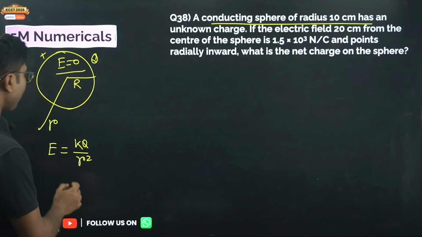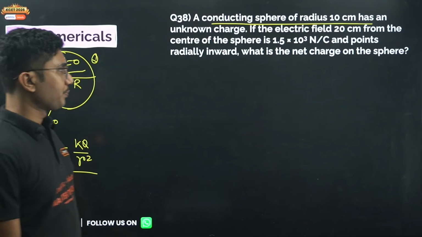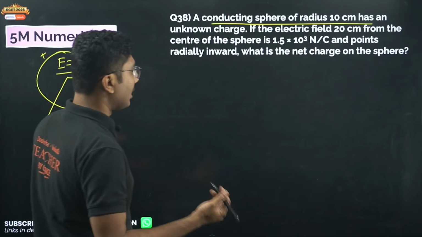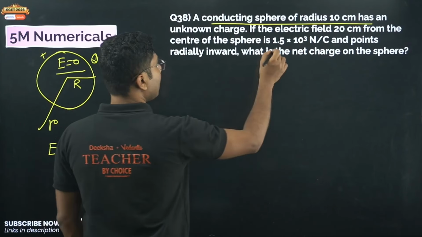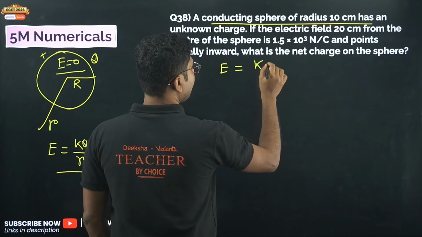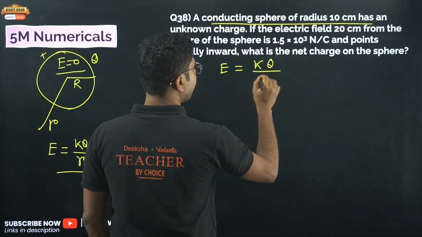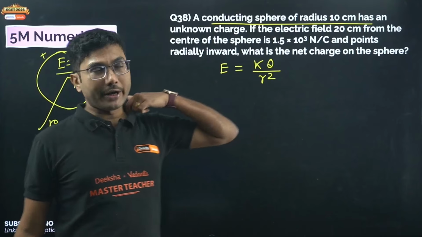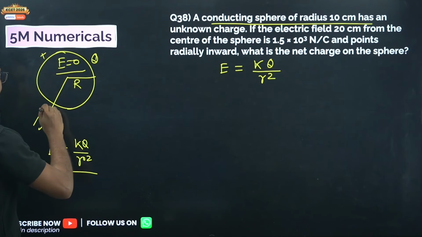Okay, so this is the formula that we are going to use. Electric field is given, this distance is given, K we know, right? So E equals K times the total charge on the sphere divided by R square. Now here you have to note that the electric field points radially inward.